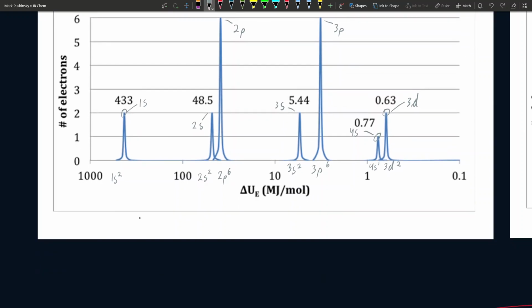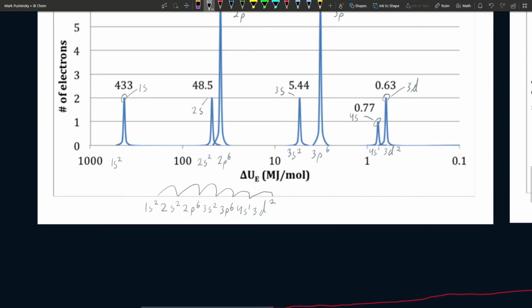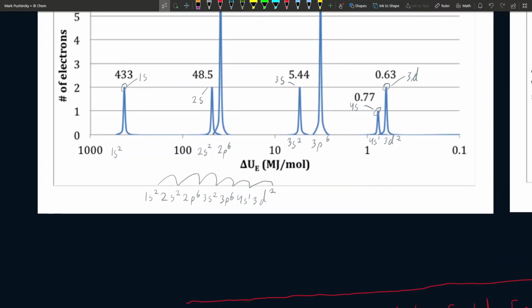If we combine this to form an electron configuration, we get 1s2, 2s2, 2p6, 3s2, 3p6, 4s1, 3d2. And if we add all these up, we get the final count, which equates to scandium.